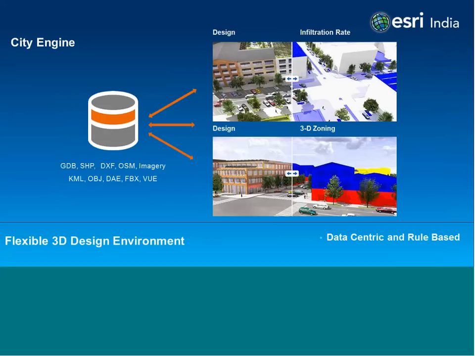You can design your data, you can define how it should look even before actually going to the implementation stage. Even at the planning stage, you can have a full glimpse of your datasets in 3D. So City Engine is giving you a full flexible environment to create your 3D datasets, and you can also attach rules for your 3D datasets along with that.